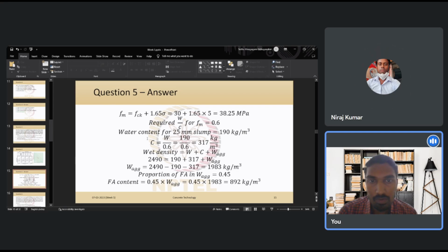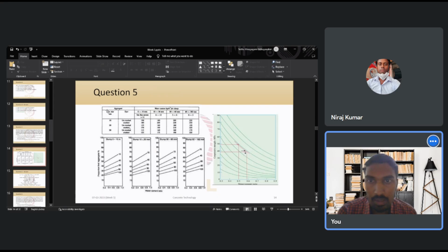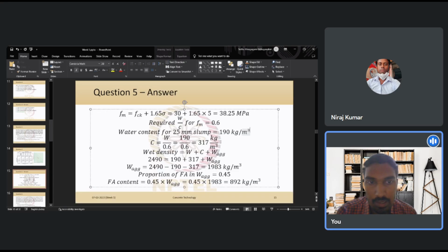Third, we found out the water content based on the slump requirement and also the type of aggregate that we are using, right? For the given slump requirement and the type of aggregate, which is 20 mm MSA and crushed aggregate, we found out the water content required. That is from the table directly. And then using the water to cement ratio and the water content, we found out the cement content.